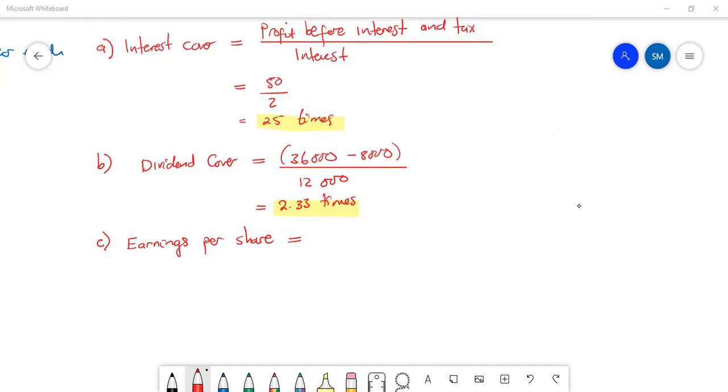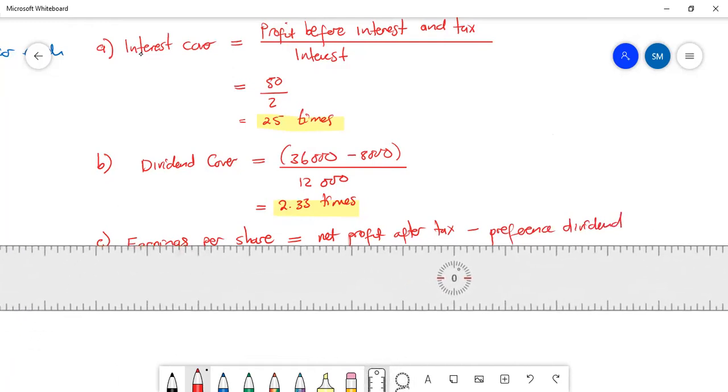Is it profit before tax or after tax? It's profit after tax. So profit after tax less our preference dividend divided by the number of ordinary shares.